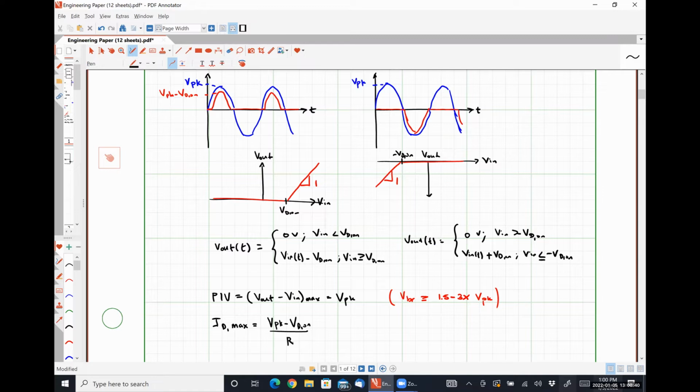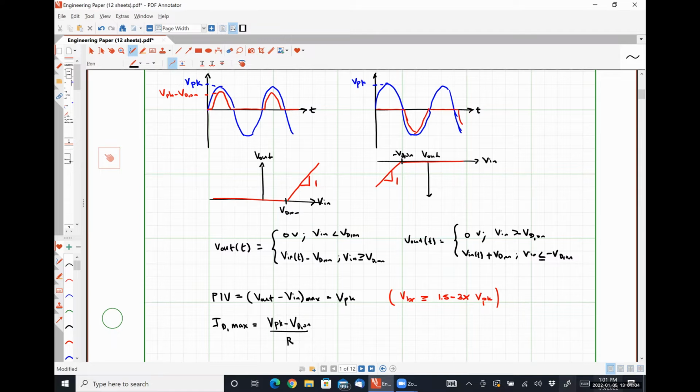So these two things tell us what size diode, not really component value per se, but like a 1N4008 versus a 1N4004 or something like that. It lets us know what to look for on the data sheet to make sure we're not just going to burn it out for its rectification purposes.